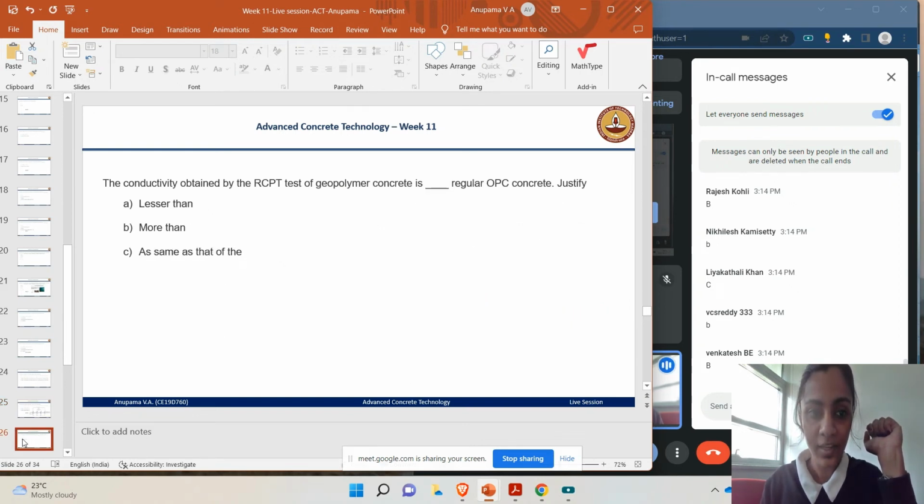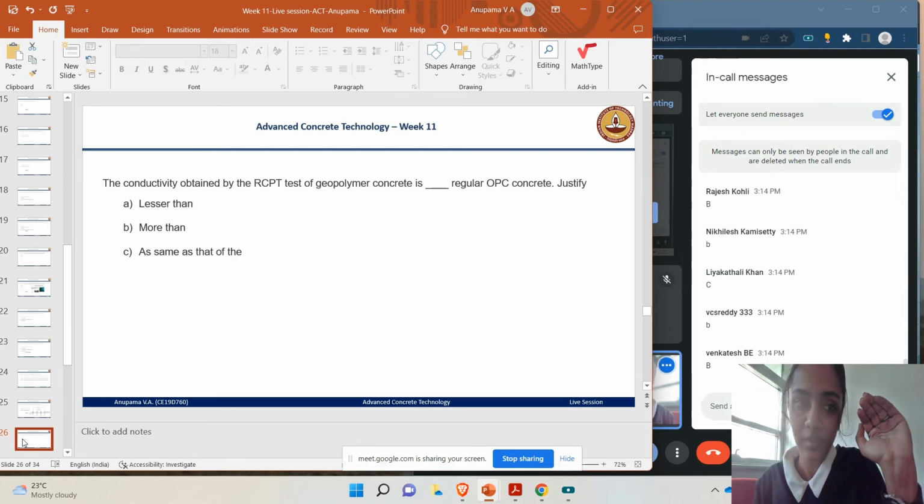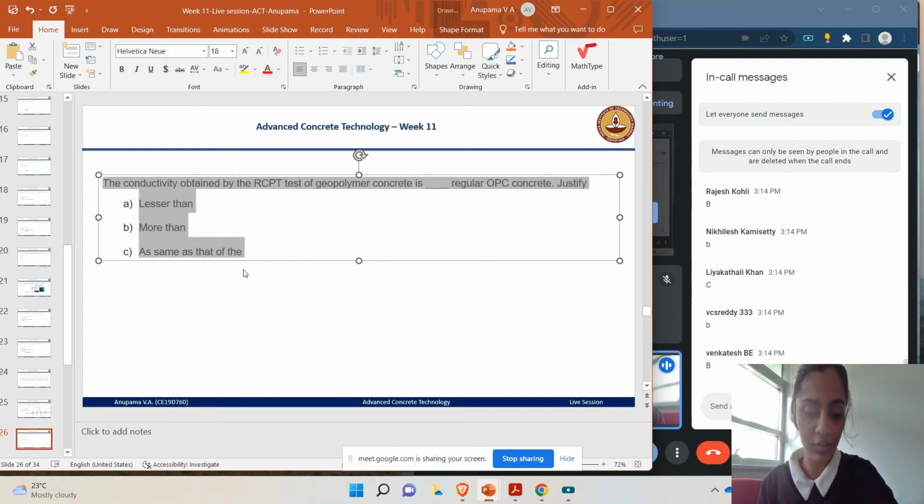The conductivity obtained by the RCPT, that is the rapid chloride penetration test, of geopolymer concrete is dash the regular OPC concrete. Lesser than, more than, or same as. So it's about the conductivity of geopolymer concrete and also the conductivity of regular OPC concrete, everything else kept the same.